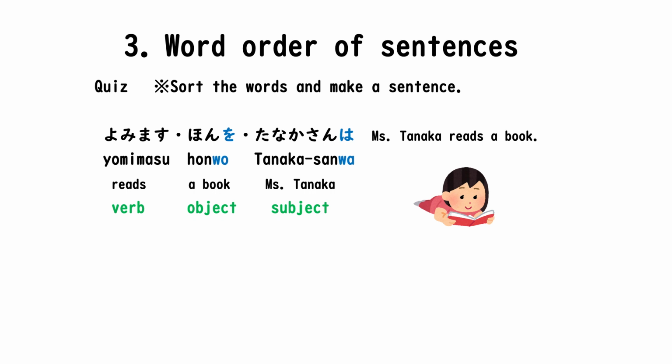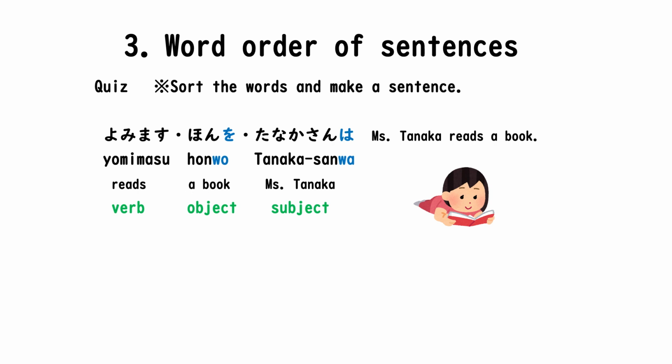Let's take a quiz. Here are 3 words or phrases. 読みます、本を and 田中さんは。読みます is a verb, to read. 本を is a noun, book.